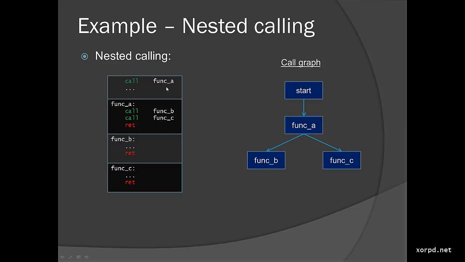We can imagine this structure as a call graph, or maybe a call tree. We begin from start, which then calls func A. Func A, in turn, calls func B and func C.